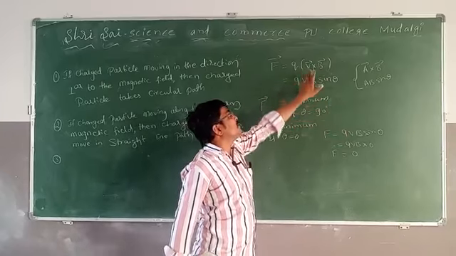Once it makes some angle instead of 0 degrees and 90 degrees, if it makes 45 degrees, if it makes 30 degrees, what happens? That is the question.